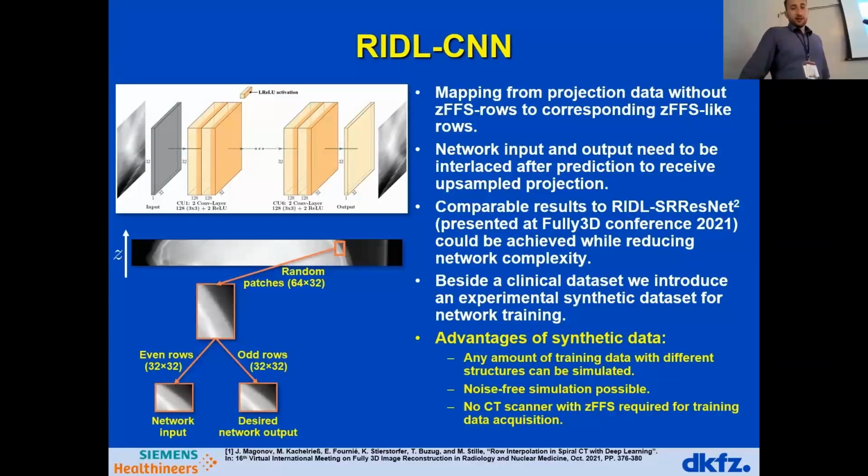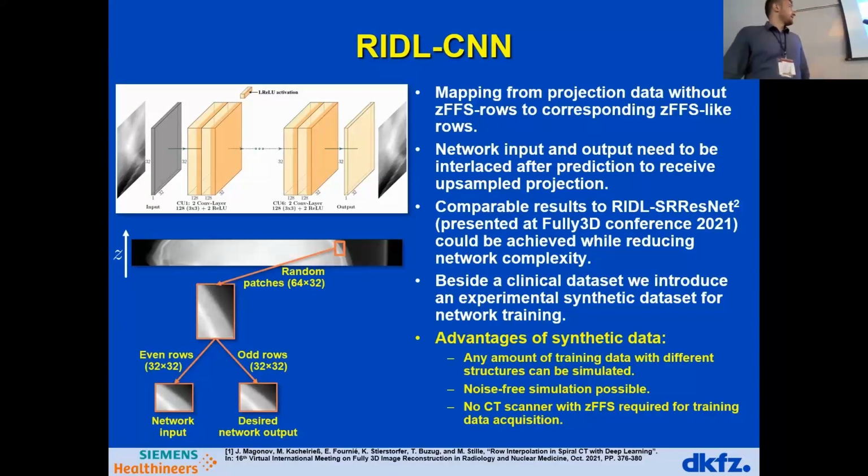After the network prediction, the network input and output just need to be interlaced to achieve an upsampled version of the input. And compared to the results that we presented last year on the fully 3D network, we reduced the network complexity here. And besides a clinical data set, we introduce here an experimental synthetic data set for network training.